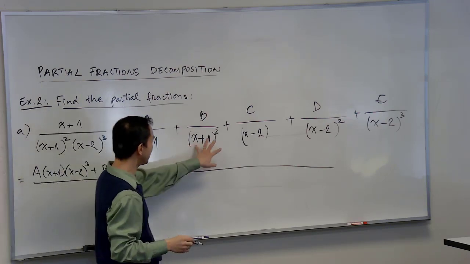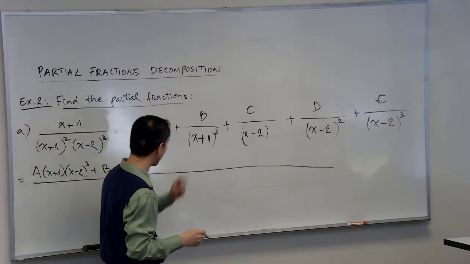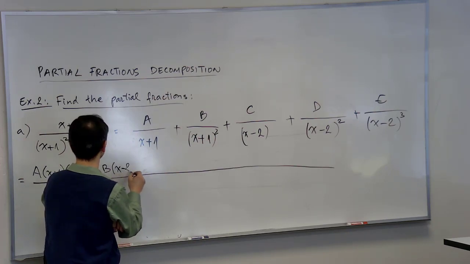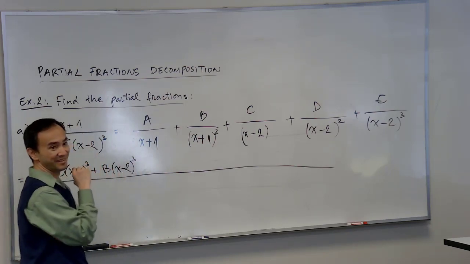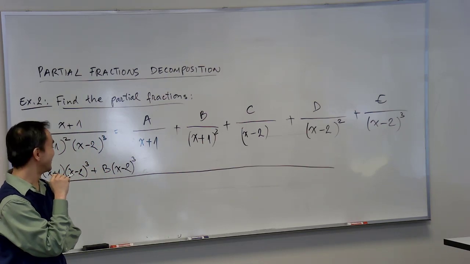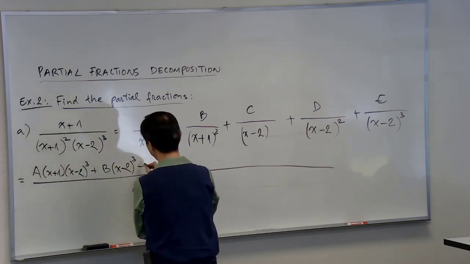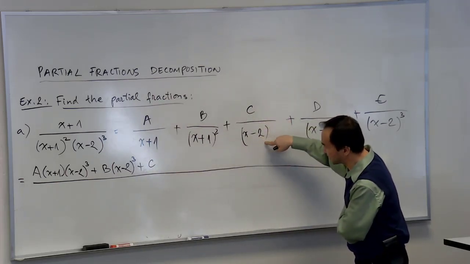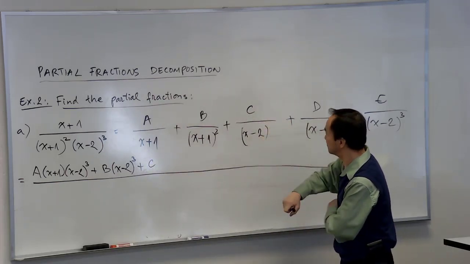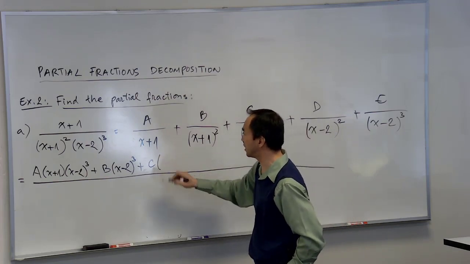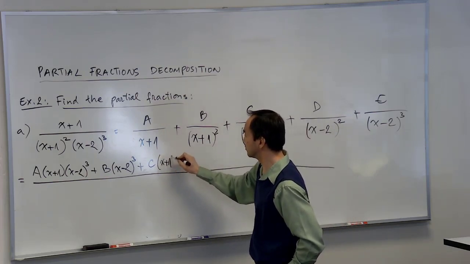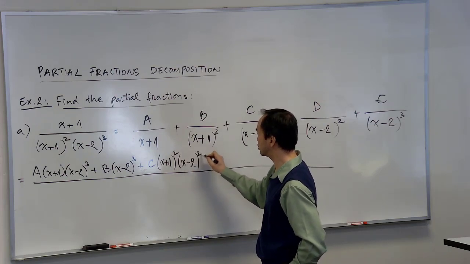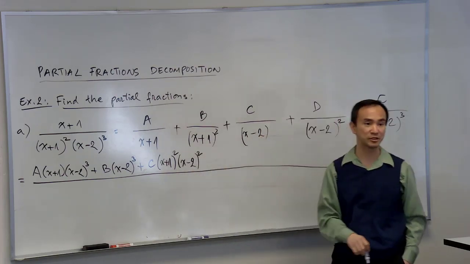B was already on top of x plus 1 all squared, so when I make the common denominator, I only need to multiply with x minus 2 all cubed. For the C coefficient, C was standing above x minus 2, so I need to multiply with x plus 1 squared, and then x minus 2 squared, 2 more factors of x minus 2.